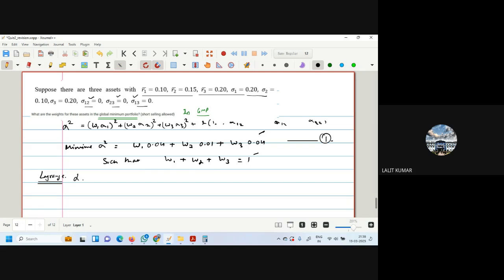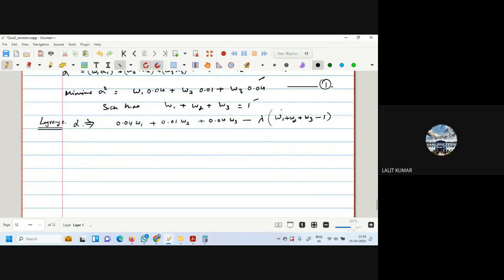So the Lagrange function will become 0.04 W1 square plus 0.01 W2 square plus 0.04 W3 square minus lambda, this is the Lagrange coefficient, times W1 plus W2 plus W3 minus 1. So this is your Lagrange. You take the derivative of this Lagrange with respect to all the variables and equate it to 0.